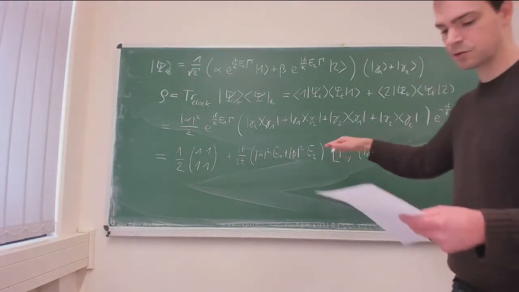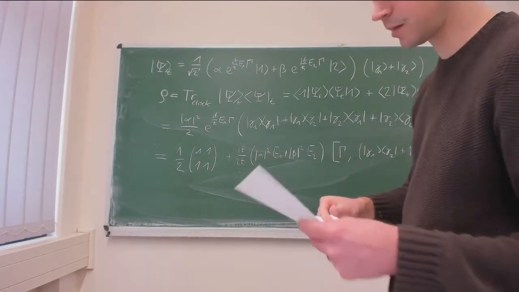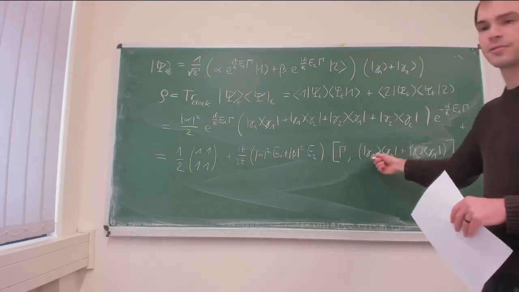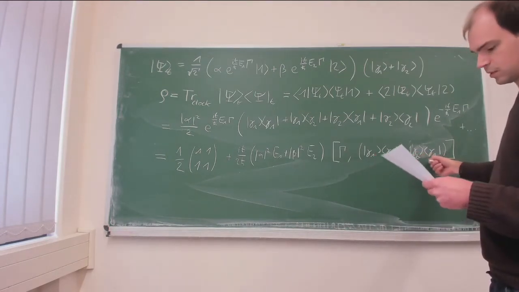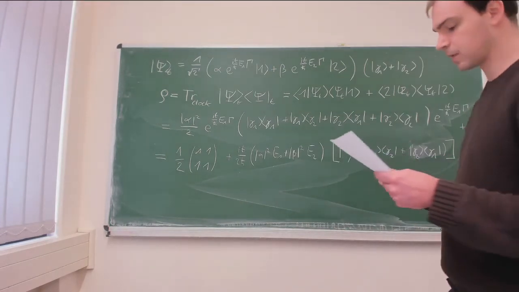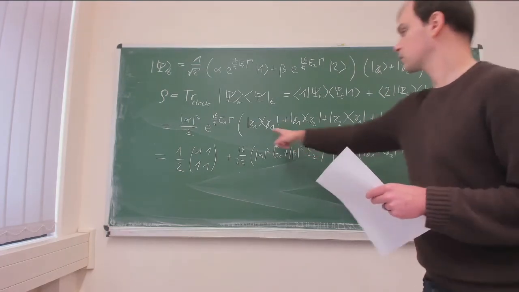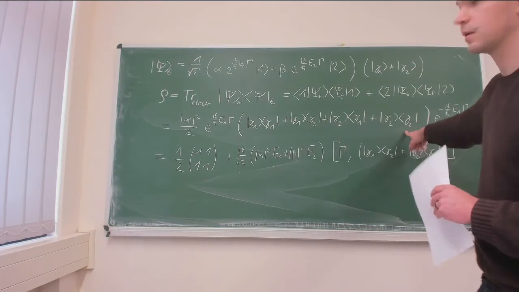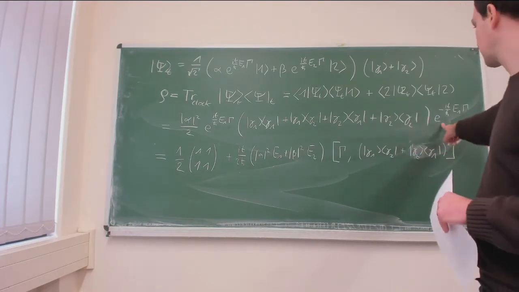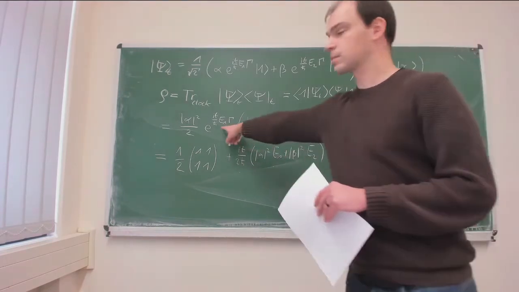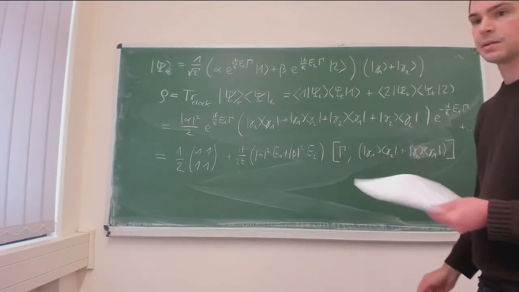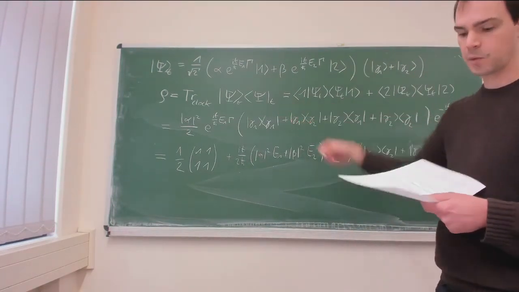So this is our result for the density matrix. We only have gamma 1 gamma 2 and gamma 2 gamma 1 here, because the other two add to unity. So this one plus this one just gives us a 1, and then those two terms cancel, and you have alpha squared plus beta squared equals 1.